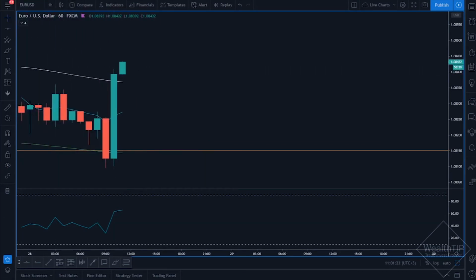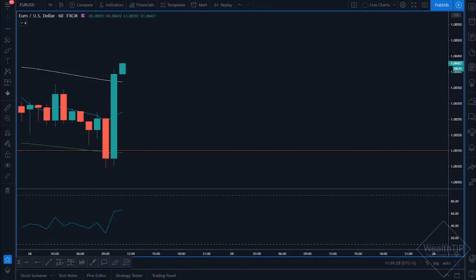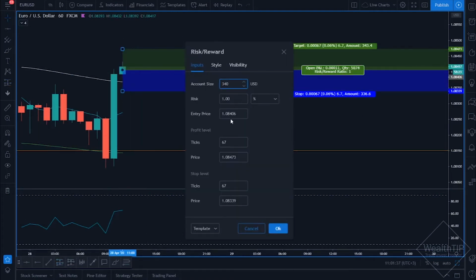My entry price that I got in on was, let me just check over here. Okay, my entry price was around 84.17. So let's just get that set in. We're going long on that candle. So our entry price was 84.17.